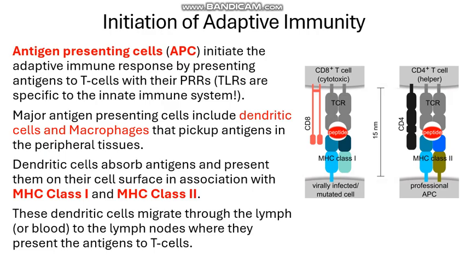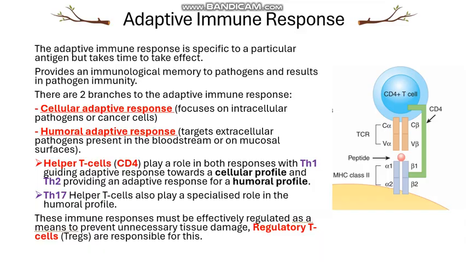So for the initiation of the adaptive immunity, first an antigen-presenting cell initiates the adaptive immune response by presenting antigens to either the CD4 plus T cells, which we talked about before, the helper T cells, and the helper T cells generally pick up extracellular pathogens, so they're more focused on the humoral adaptive response.